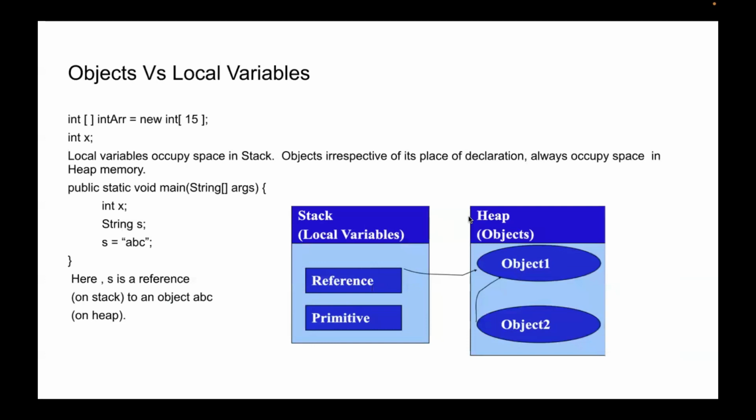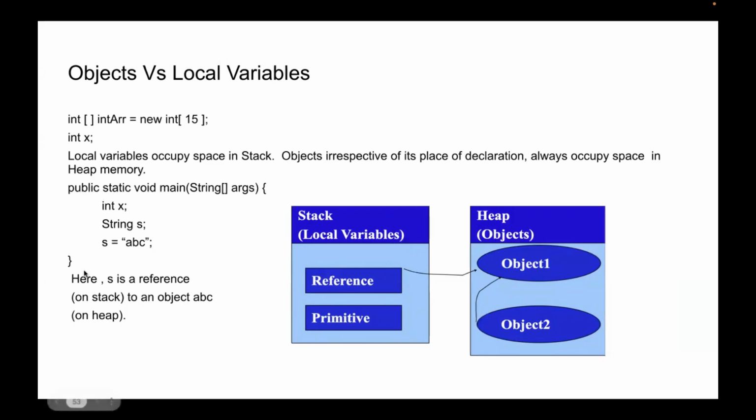Now see, what do we mean by objects and local variables? Anything that you create, you have seen how we create an array. An array is basically an object. How these are managed in memory is that arrays or objects will be stored on the heap, and the local variables, meaning whatever variables have the scope of just a method.